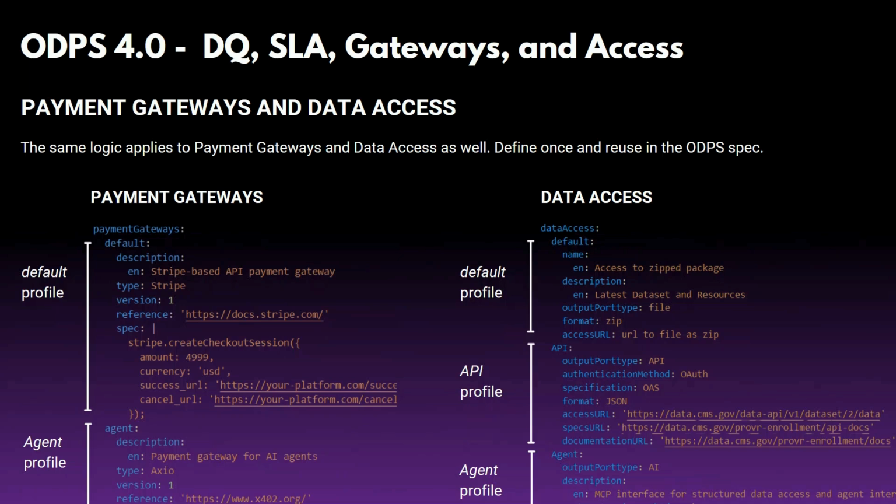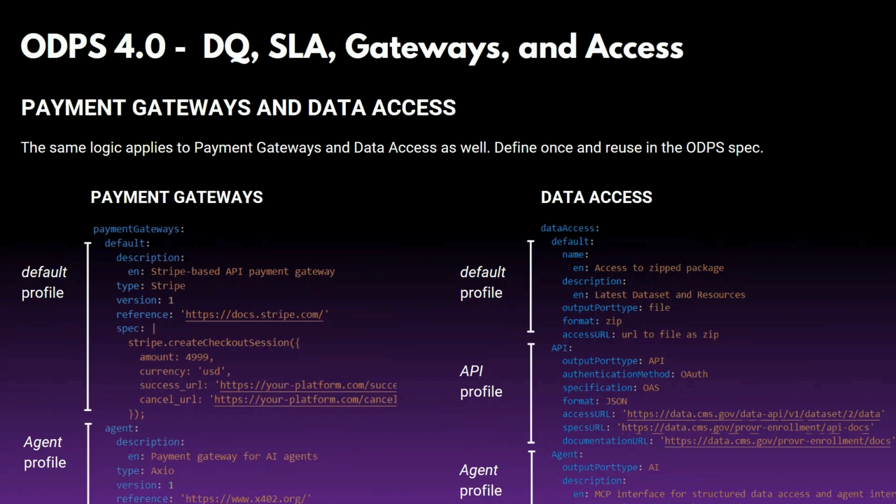Payment gateways are important to have a variety of them, because your data product might be consumed in one of the plans by downloading a file. So you need to have a different kind of data access to that one. Then another plan might be a subscription, and then you have an API.